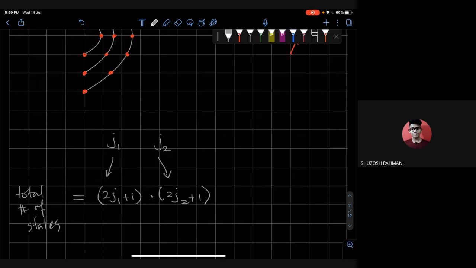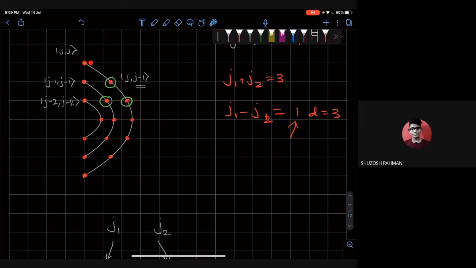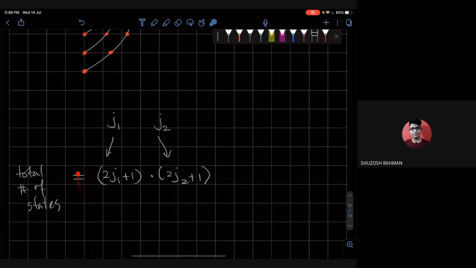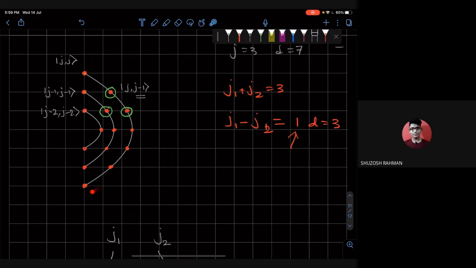Yes, sir. And now what we have done here, we have reorganized them. This is some big product Hilbert space, but that Hilbert space breaks up into orthogonal subspaces, which are given by these spaces.